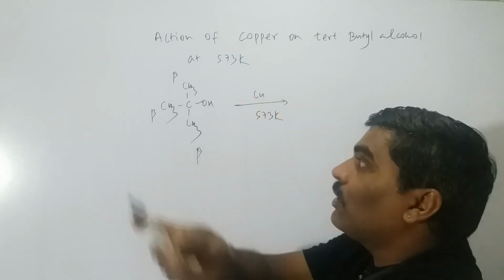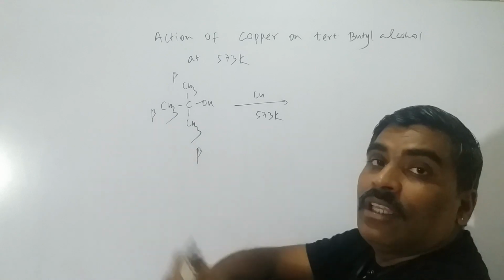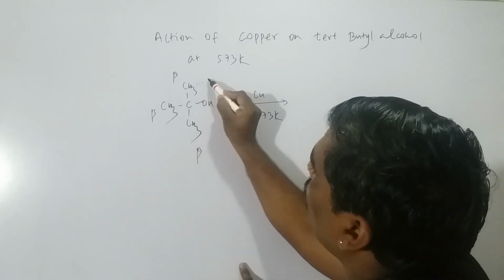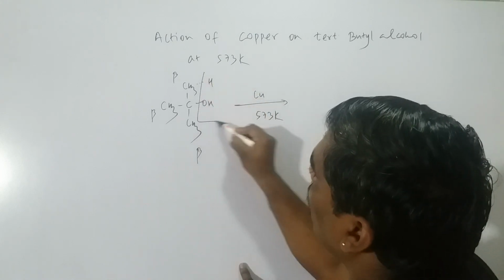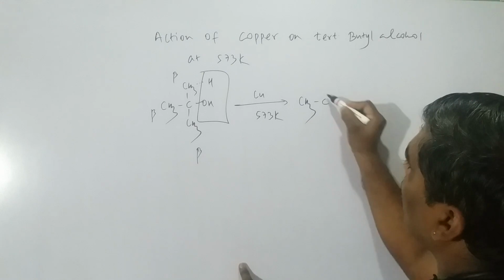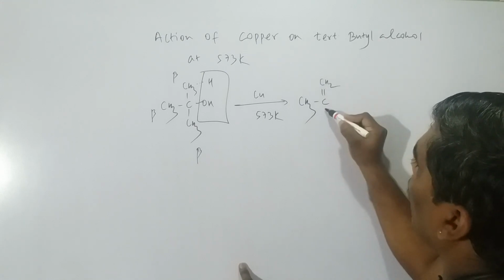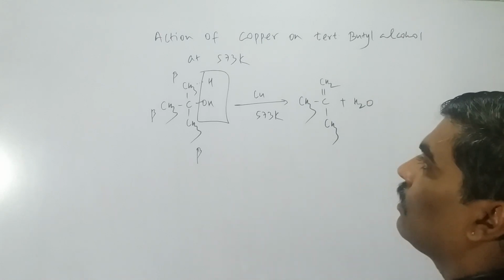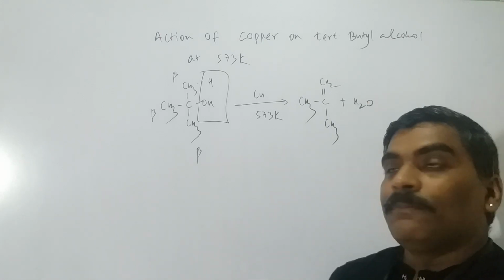Hydrogen can come out from any of these. Suppose I remove from here, a water molecule is given out. You will get CH3, C double bond CH2, CH3, plus water. Alkene is formed.